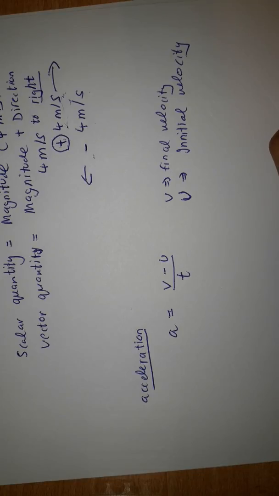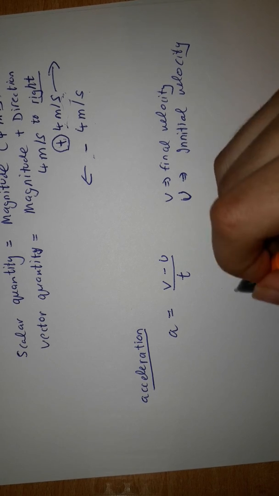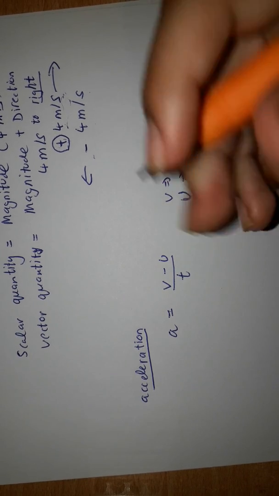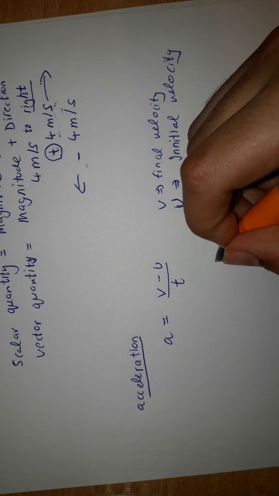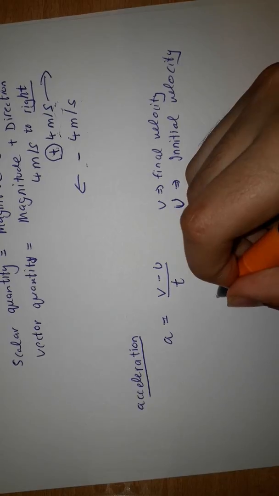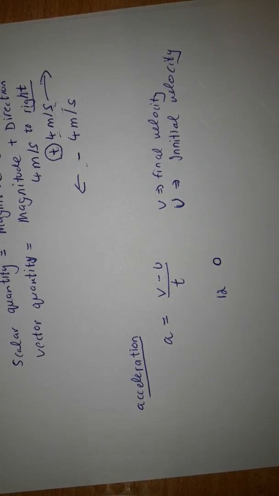Now say for example, hypothetically, a car has an initial velocity of 0 and a final velocity of 12 meters per second.